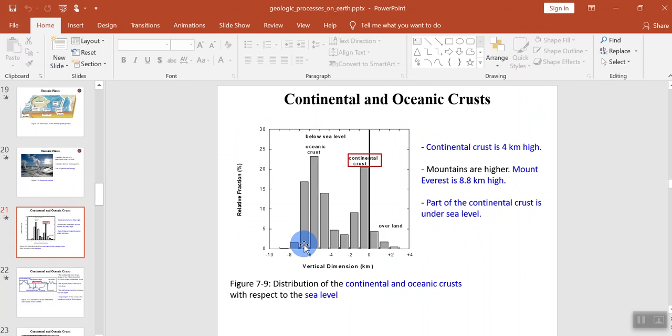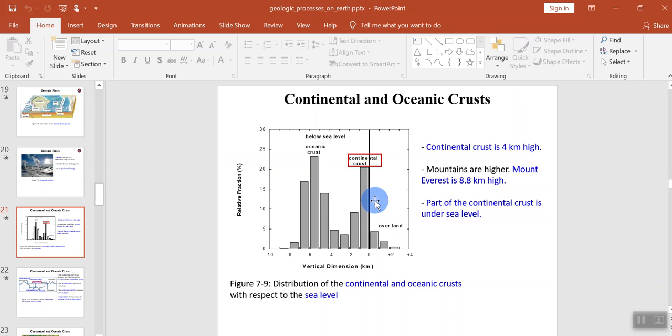Let's say here we're showing the oceanic plate, oceanic crust, and continental crust. And we're showing the water level here, ocean level, sea level. So right now we see that lots of the continental crust is under sea water.